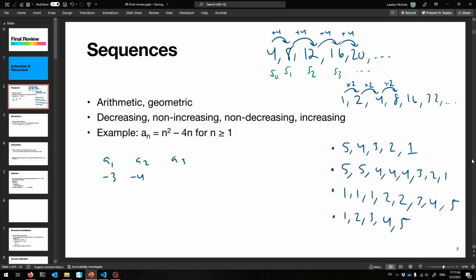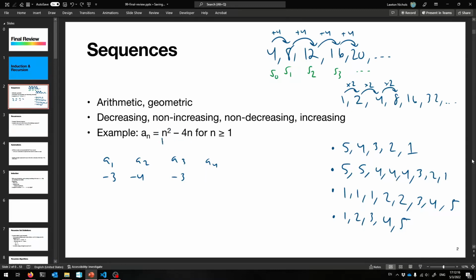A3 is, let's see, 3 squared, so that's 9, minus 4 times 3 is 12, that's negative 3 again. What's A4? That is 4 squared, so 16, minus 4 times 4. Wait a second. Is that what I think it is?